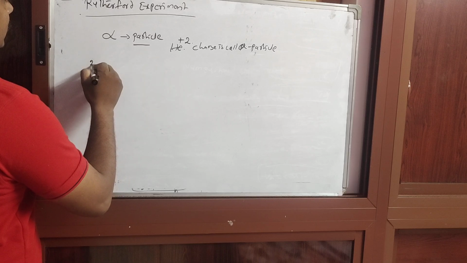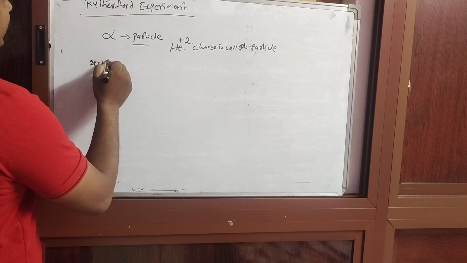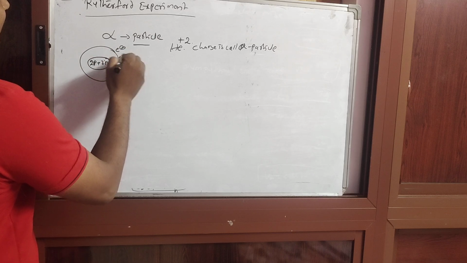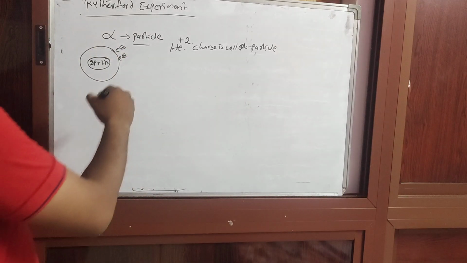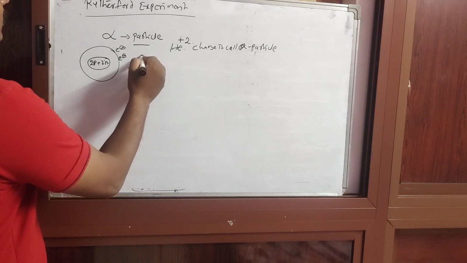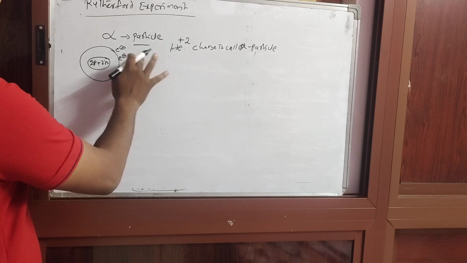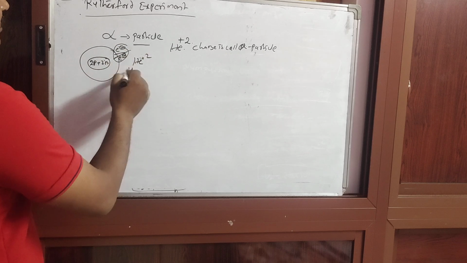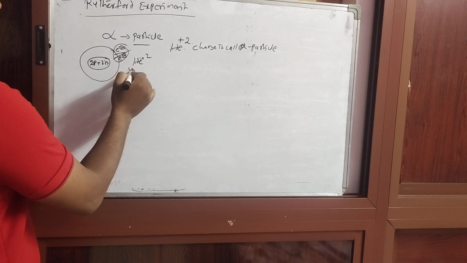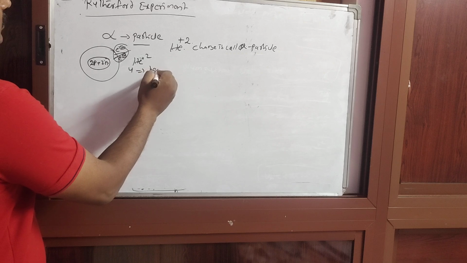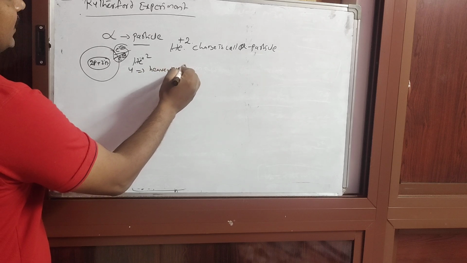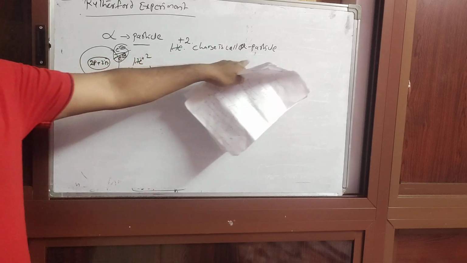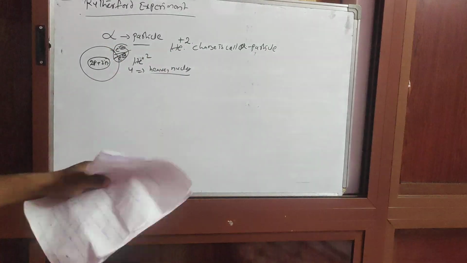It has 2 protons plus 2 neutrons, and 2 electrons surround it. The helium atom is like this, mass 4, atomic number 2. If we remove these 2 electrons, it has plus 2 charge. Mass 4 is 2 protons and 2 neutrons. This is a heavy nucleus. This helium plus 2 charge is called an alpha particle.